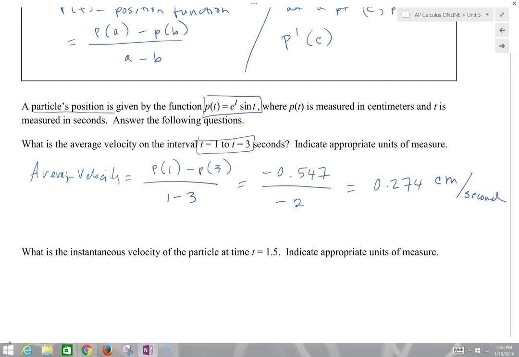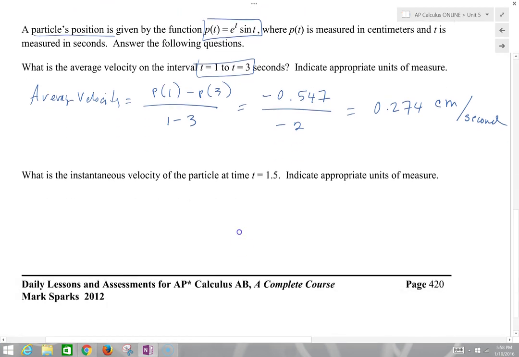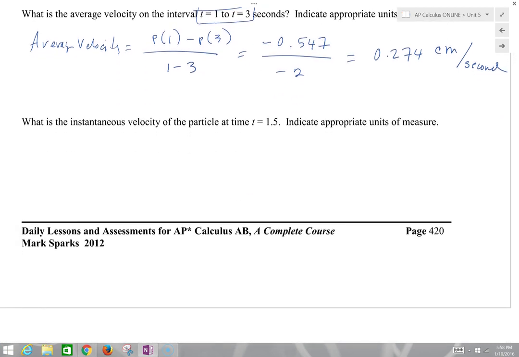So if we want to know the instantaneous velocity, we want to know exactly how fast it's going at t equals 1.5, we're going to need to find the derivative. So p of t is e to the t sine t. p prime of t, product rule, we have two things being multiplied together, is going to be e to the t times the derivative of sine t, which is cosine t, plus the derivative of e to the t, which is just e to the t, times the first function sine t.